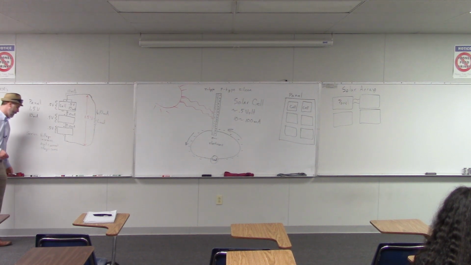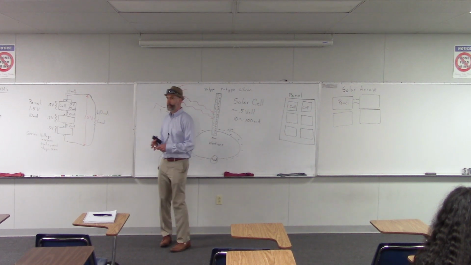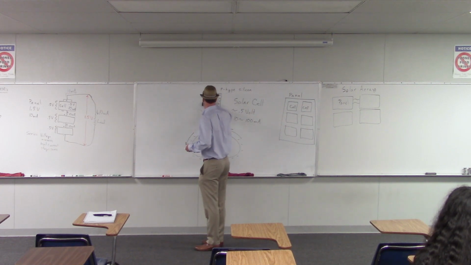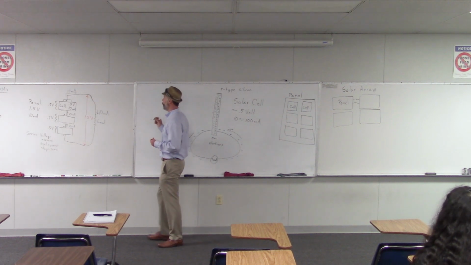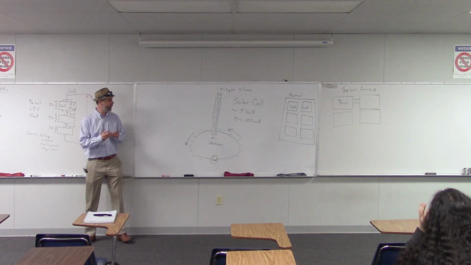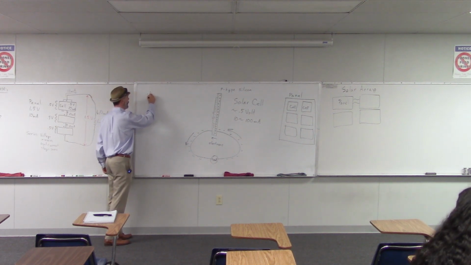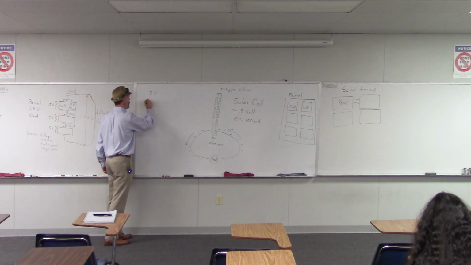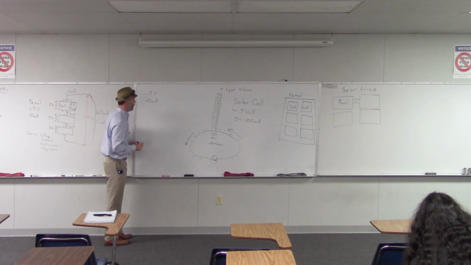Okay, so now let's say that we have the same solar cells, but we have a different application. In this other application, we want to have a panel that produces only half a volt, but it produces, say, 40 milliamps of current.